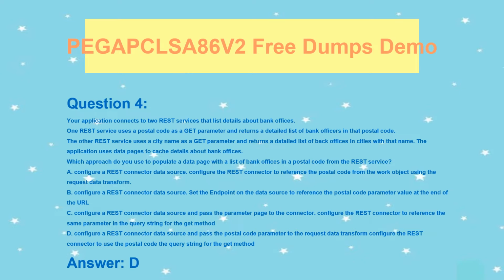Configure the REST connector to reference the same parameter in the query string for the GET method. D. Configure a REST connector data source and pass the postal code parameter to the request data transform. Configure the REST connector to use the postal code in the query string for the GET method. Answer: D.